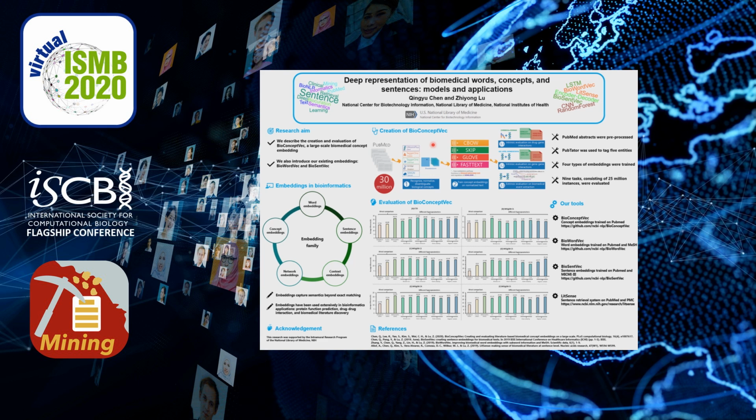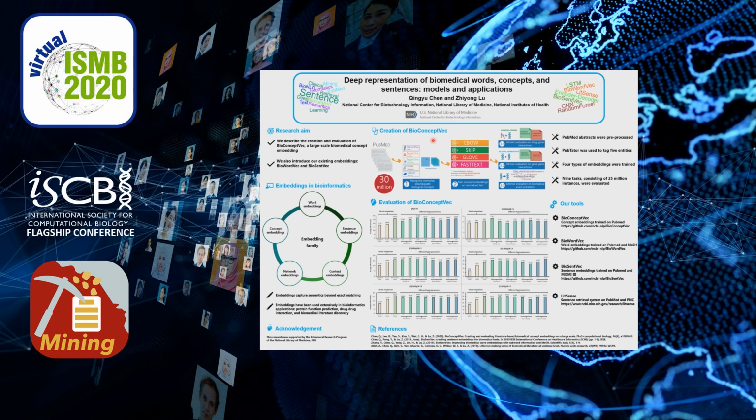So first, let me introduce the BioConceptVec work. As I mentioned, it's a concept embedding trained in the biomedical domain. So why do we need concept embedding? This is because in the biomedical literature, there are a massive amount of concepts mentioned. For example, AP2 is commonly mentioned in the biomedical literature, but it's ambiguous.